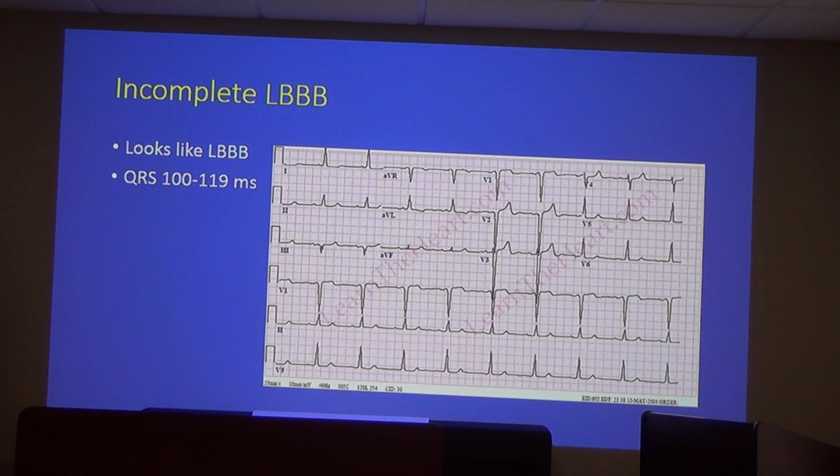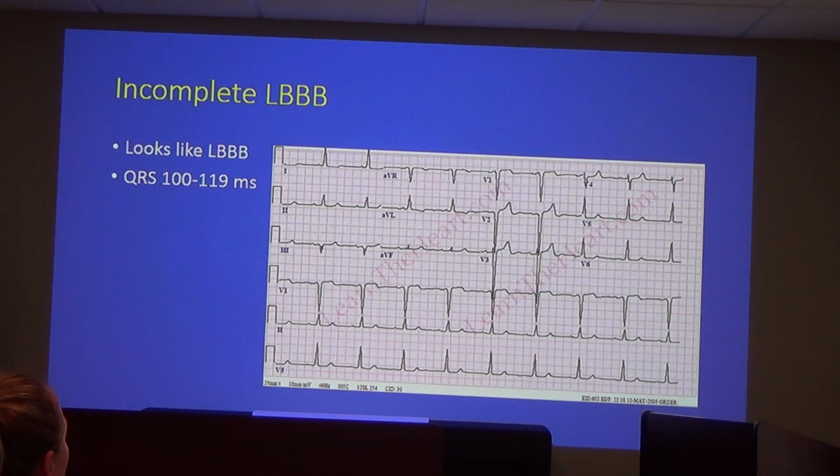Because if you go back to the first picture, the valves are right here, and the AV node and the bundles go right between those two valves. And if there's a bunch of extra calcium pushing on there and irritating, it's not a good environment for those touchy electrical cells.